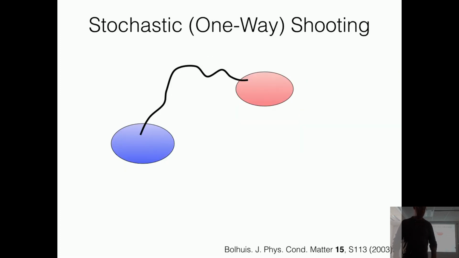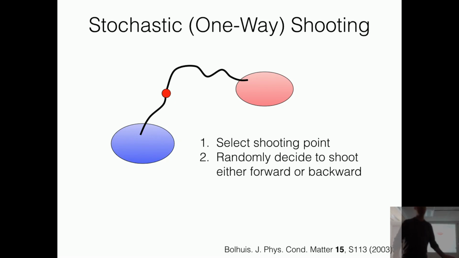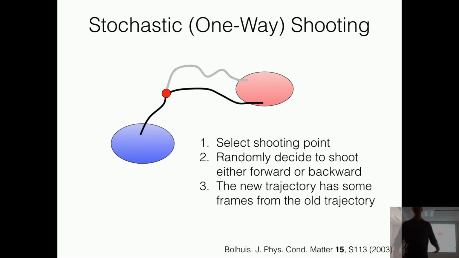This is what we do. So you select the shooting point. You randomly pick whether you're going to go forward or backward. I'll go forward. There you go. Now you have a new trajectory, but some of the frames are still the same. That back part hasn't changed yet. So you don't want to keep doing the same thing every time, but you go again, right? I select a shooting point. I randomly decide whether I'm going to go forward or backward.